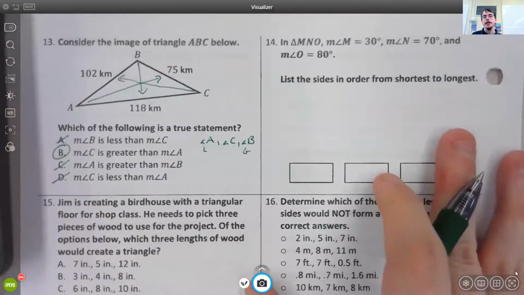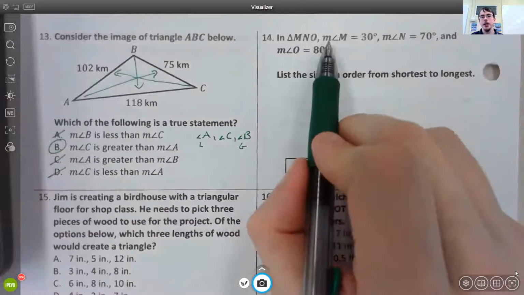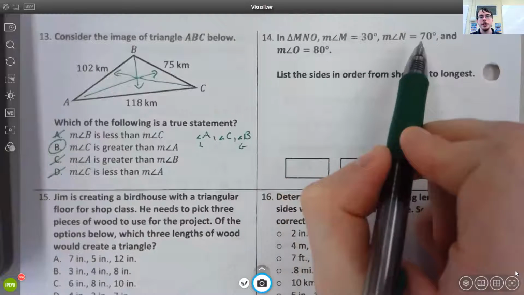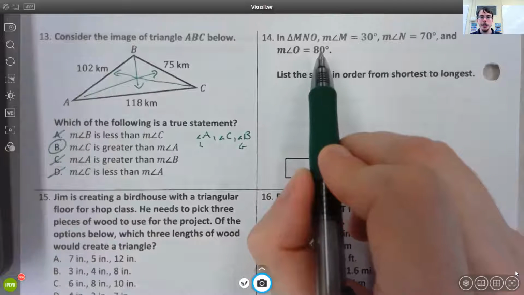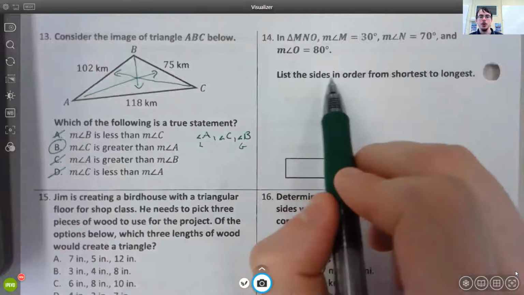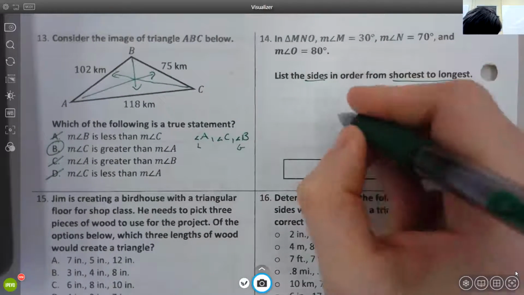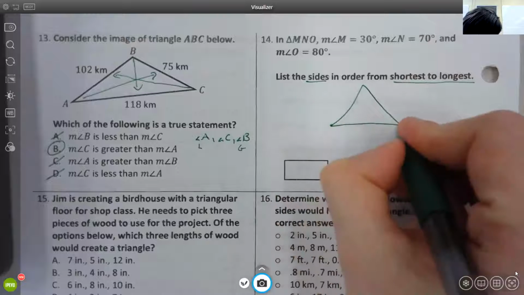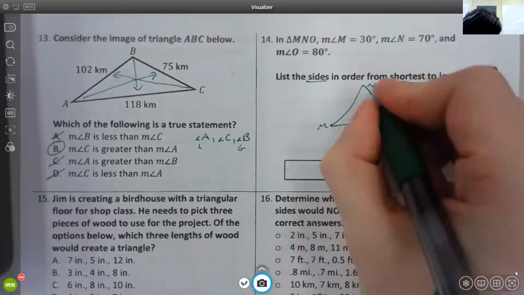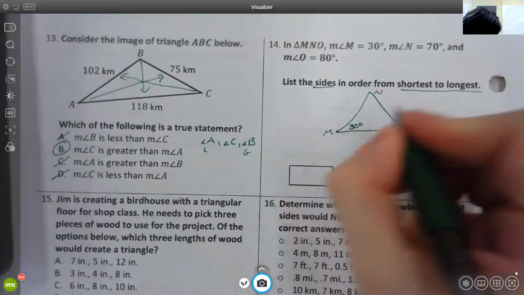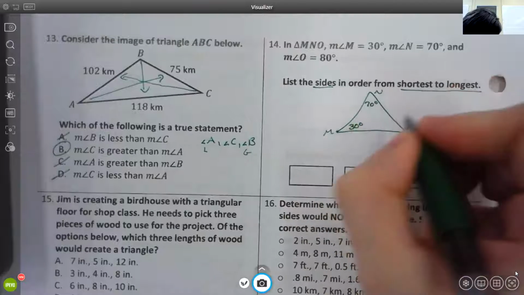Number 14, in triangle MNO, the measure of angle M is 30 degrees, the measure of angle N equals 70 degrees, and the measure of angle O equals 80 degrees. List the sides in order from shortest to longest. Again, what you're going to want to do, draw that triangle. It's easier to visualize. Angle M is 30 degrees, N is 70, and O is 80.